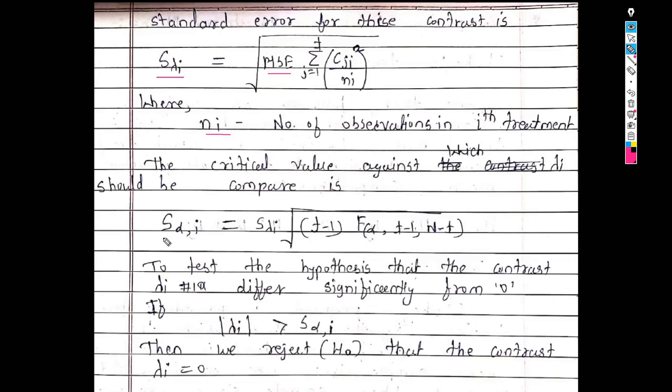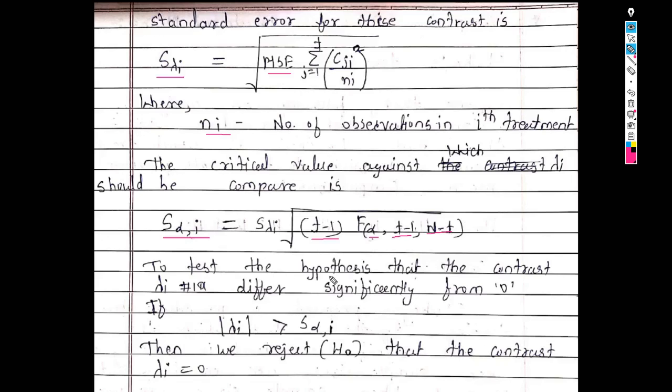For that our critical value is denoted by S_α,i, and it is defined as S_λi, the standard error for contrast λi, into the square root of (t minus 1), where t means the number of treatments, into F with α level of significance, treatment degrees of freedom t minus 1, and error degrees of freedom N minus t, where N is the total number of observations and t means the number of treatments which we consider for comparison.